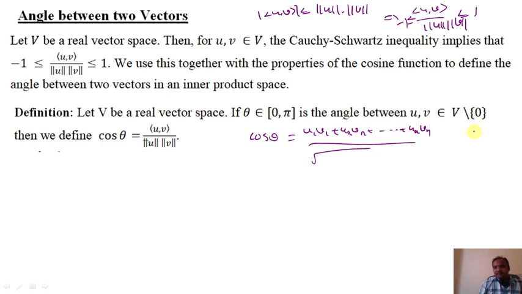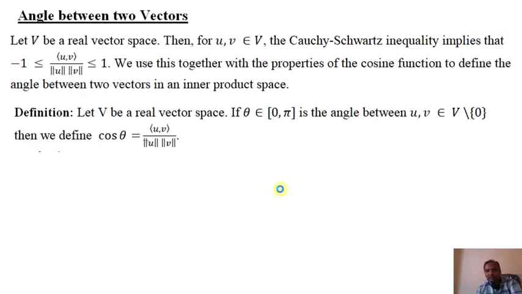Suppose in R3, mostly we are taking R3. For R3, for the standard inner product, not every inner product, cos theta equals u1 v1 plus u2 v2 plus u3 v3 divided by the square root of u1 square plus u2 square plus u3 square times the square root of v1 square plus v2 square plus v3 square. Already we used this formula in PUC for finding the angle between two vectors or two lines.